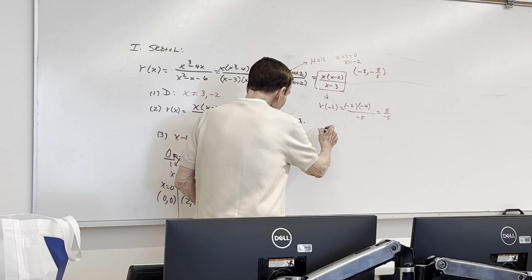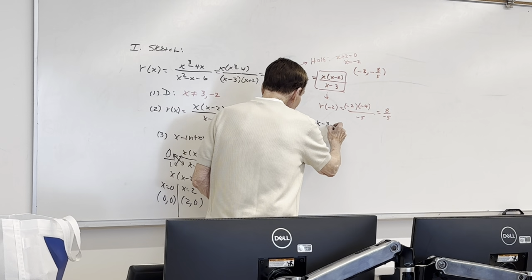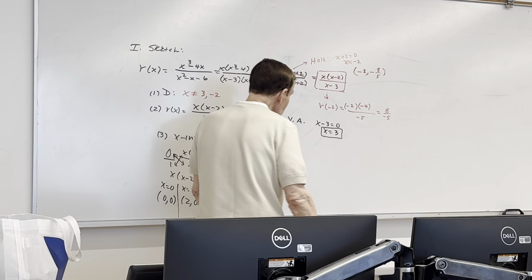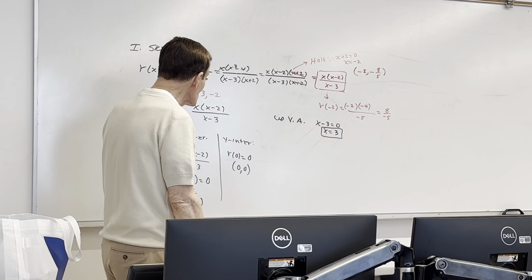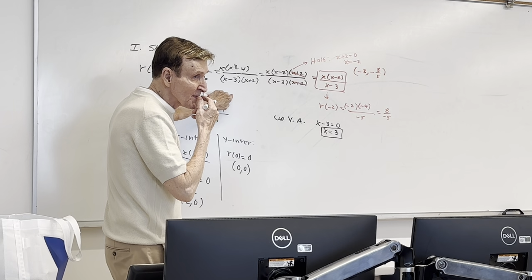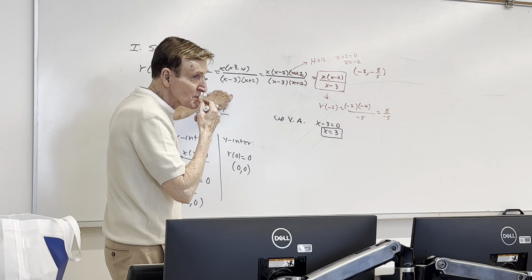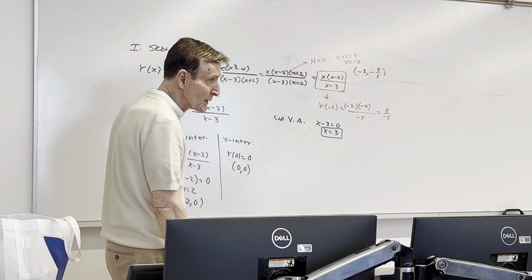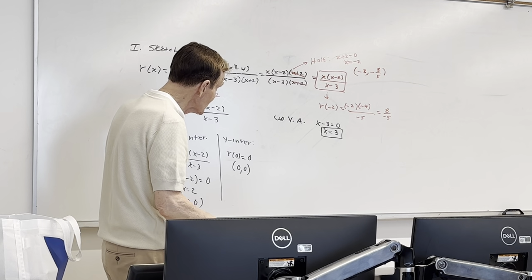So you get x subtract 3, that denominator, equal to 0, and you get 3. If you did it back here, you'd pick up the hole also. Okay, so the vertical asymptote is only at x equal to 3 from that simplified version. Be very careful with that.